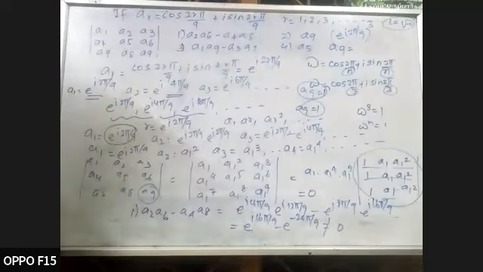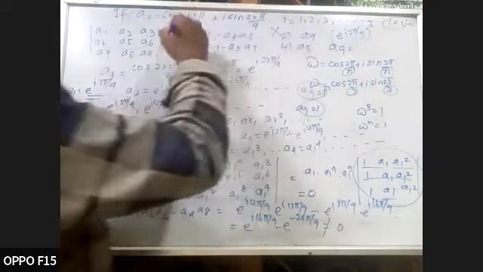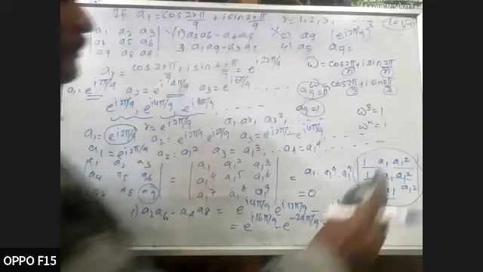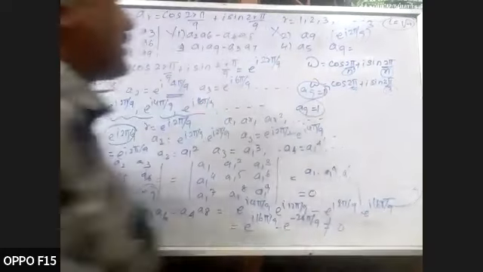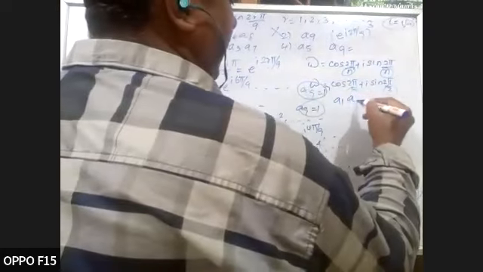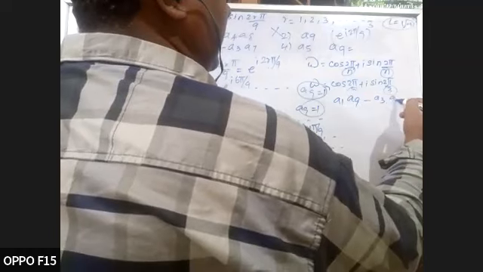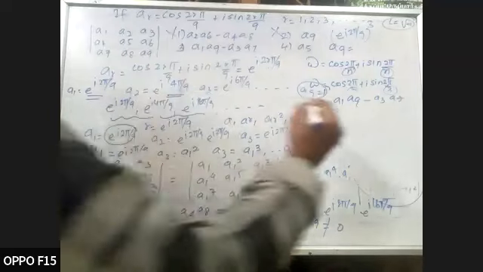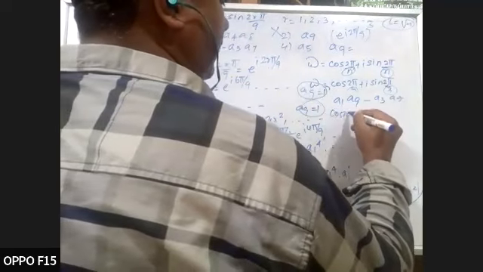Next, look at the second one: a9. What is a9? Which is equal to 1. The value of a9 is 1. Next, that is also not it. So you eliminate the first one and the second one, and take the third one. What is the third one? a1 a9 minus a3 a7. a1 is e power i 2 pi by 9, a9 is e power i 18 pi by 9.